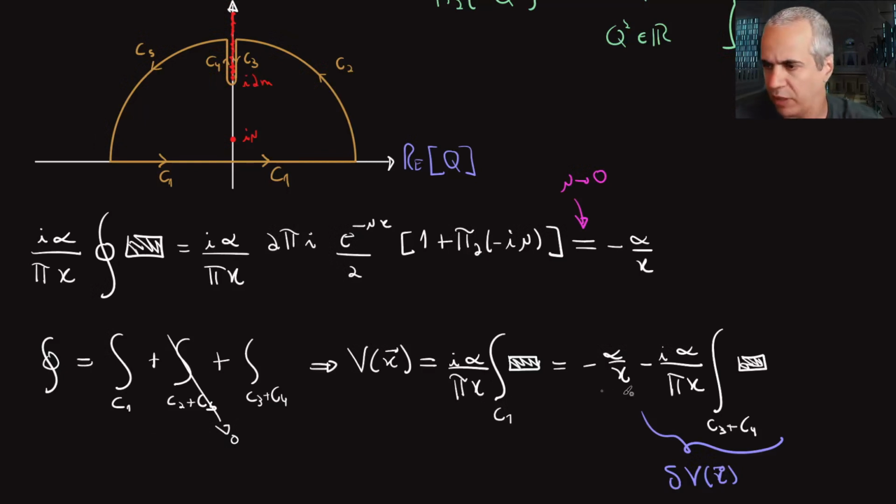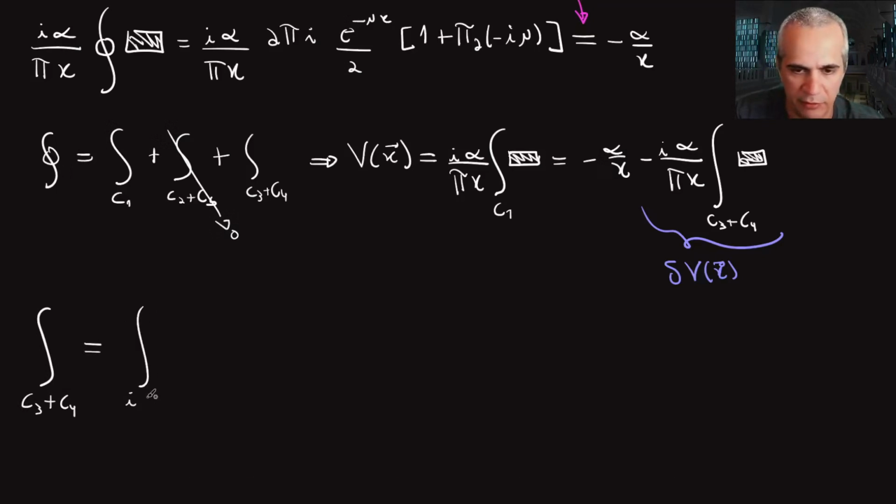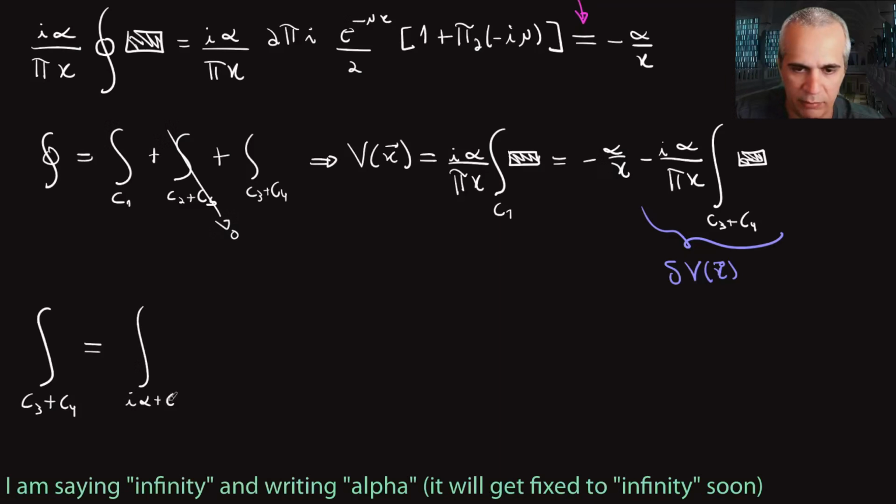That's creating a correction to my potential. So now we have to evaluate the integral over C3 plus the integral over C4. In order to do that, let's see what we have there. Essentially, you have one path that is coming from infinity down, but slightly dislocated to the right towards real values.